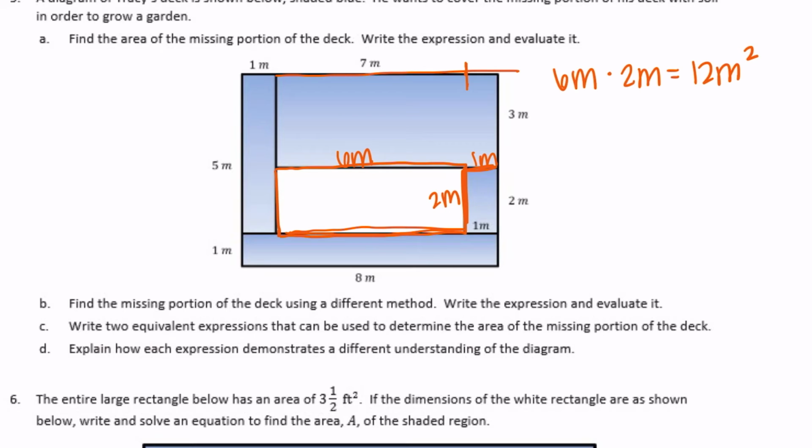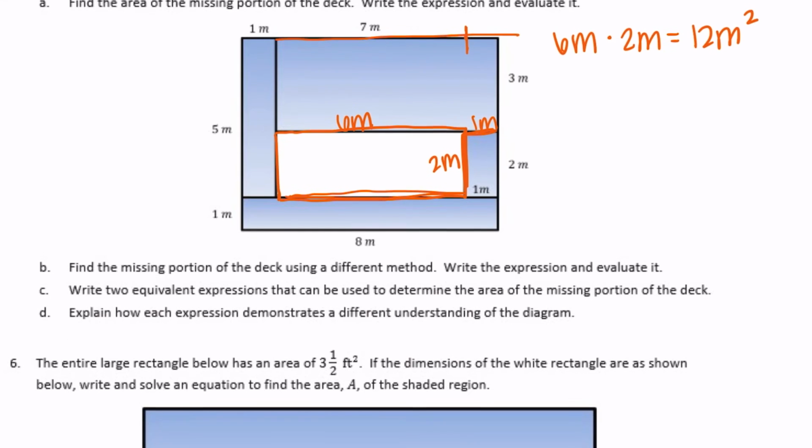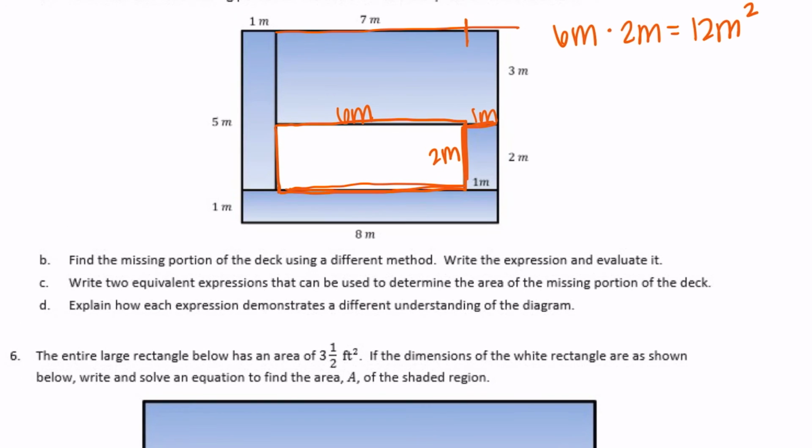All right, part B. Find the missing portion of the deck using a different method. Write the expression and evaluate it. Okay, so we have to solve it a different way. I'm going to find the area of the whole thing, and then I will subtract the other pieces from it.